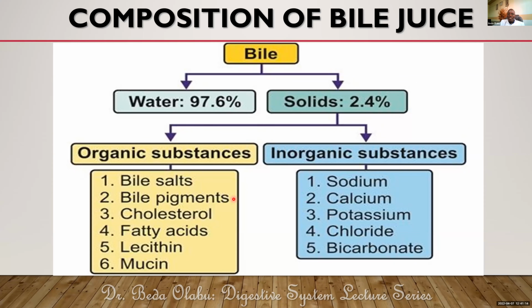The heme component, you take away iron, and what remains, bilirubin and biliverdin, are what you're talking about here. So bile pigments are those remnants of hemoglobin breakdown. Very important. But yes, we also have cholesterol. This is a mechanism of excreting extra cholesterol from the body. We also have fatty acids and others. But importantly, remember, bile salts and pigments are present in bile.